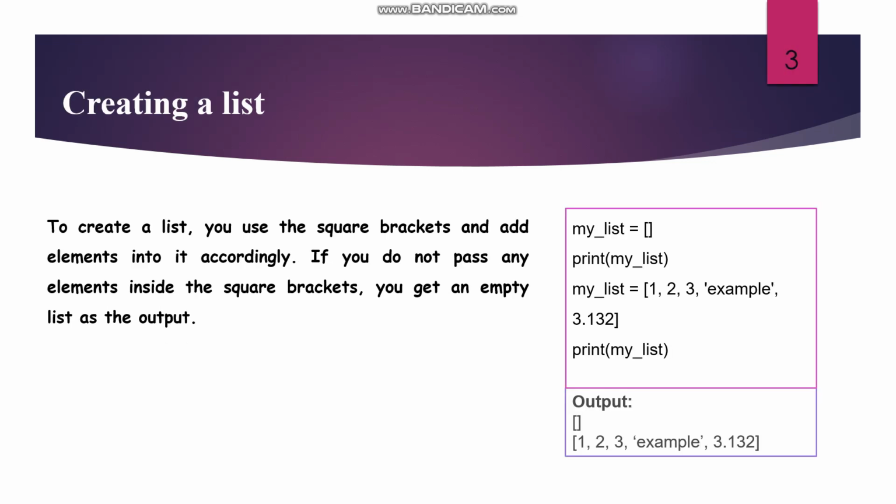Next comes the criteria for creating a list. A list is written in square brackets. Except for the square brackets, the function will not work on its own. And if you don't pass any element inside the square brackets, you get an empty list as output. A list can also be created with the built-in list function using iterables.